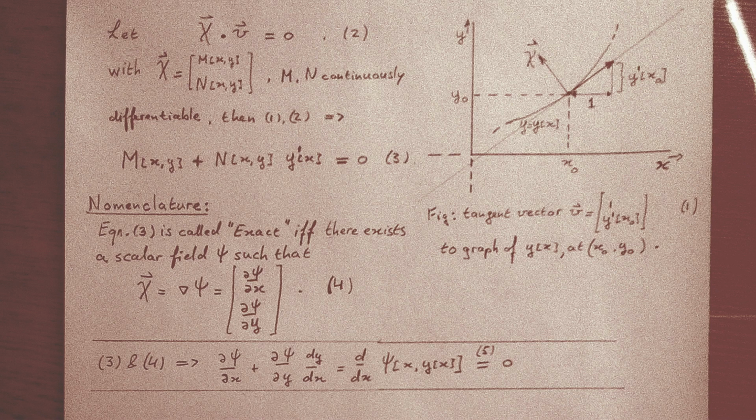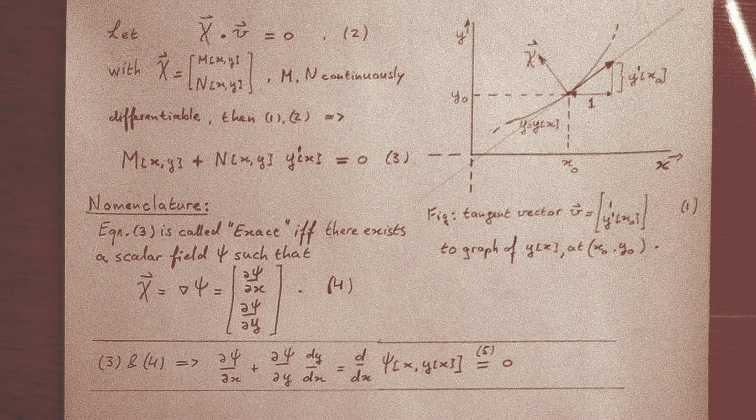To interpret this equation, interpret the pair x paired with y of x as a parametric description of a curve in the xy plane. X is the x-coordinate, but at the same time it takes the role of a parameter of the curve. Then equation 5 simply says that the value of psi does not vary along such curves.